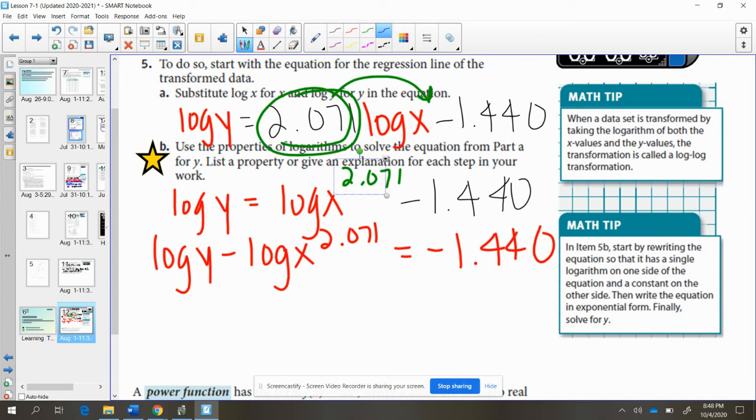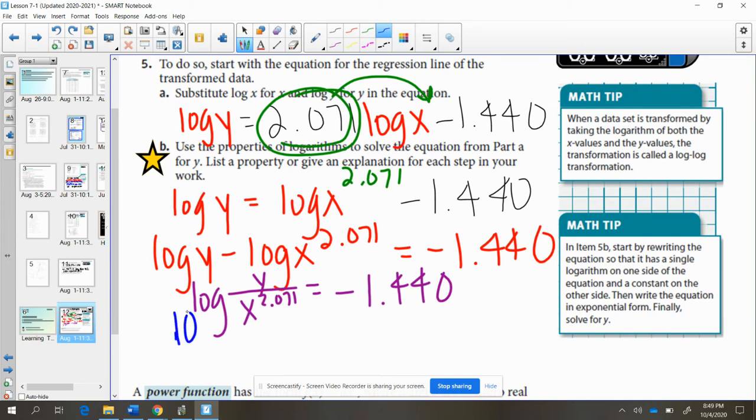And if we rewrite this, skipping a step, we condense this into one singular logarithm. We have log of y divided by x to the 2.071 still equals this negative. And now we can raise both sides, take a base of 10, so that this cancels.